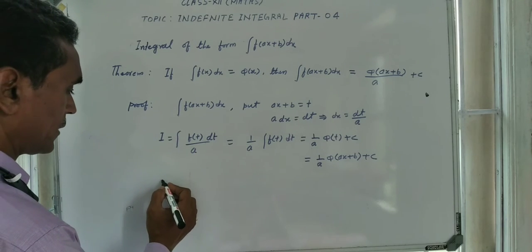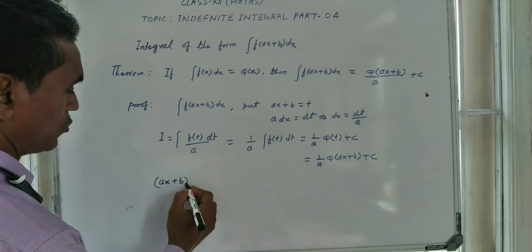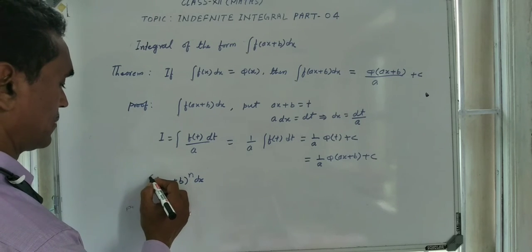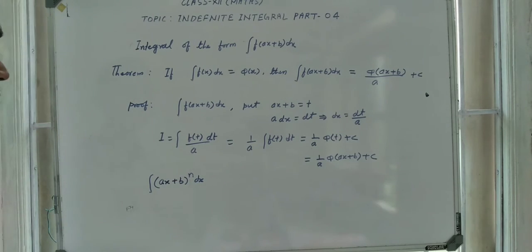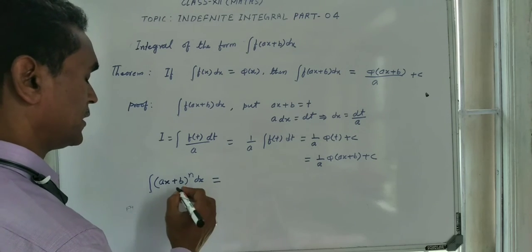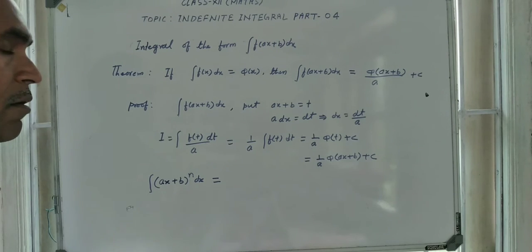like ax plus b to the power n dx. What will be the integral of this? So the integral of x to the power n, we know, is x to the power n plus 1 divided by n plus 1.